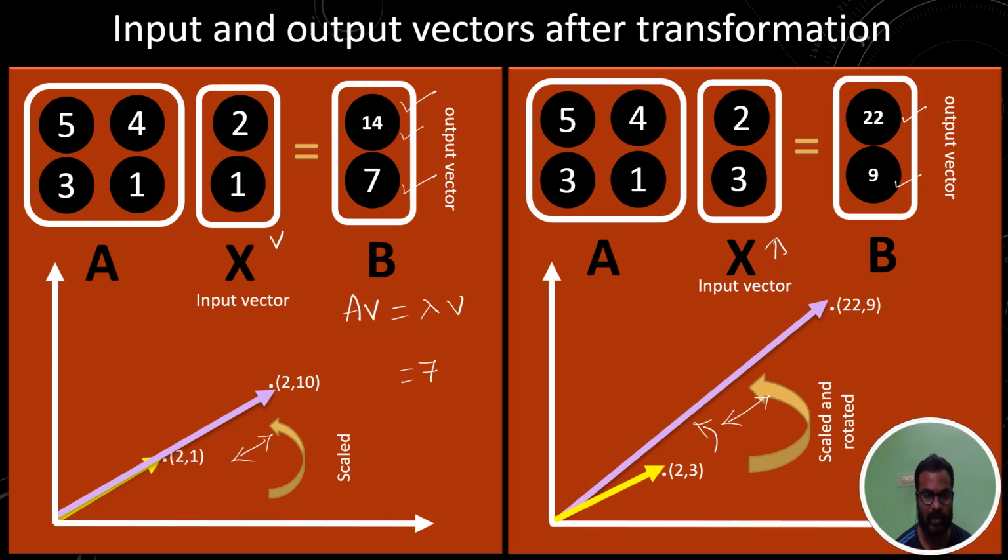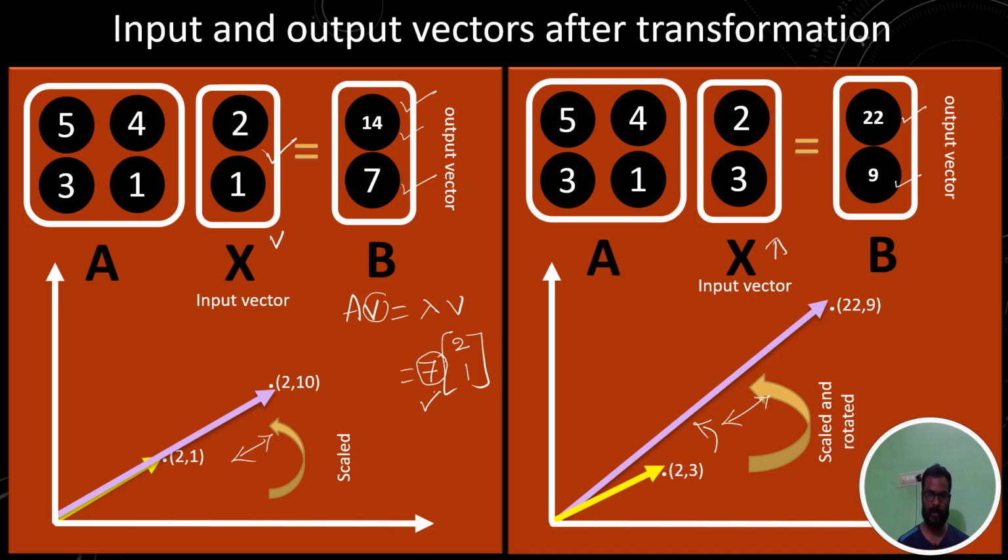If you take 7 common in this matrix, how much will you get? 7 into 2, 1. Does it match with this or not? A into V, you got 7 into the same vector. Here 7 is called the scaling factor and this 7 is called the eigenvalue.